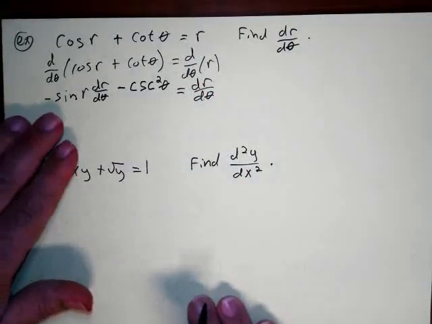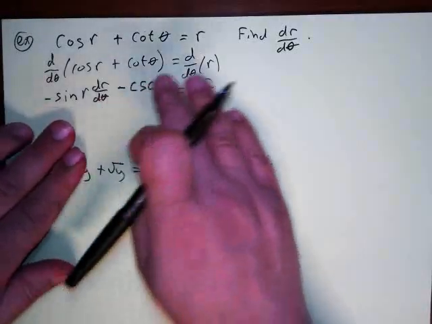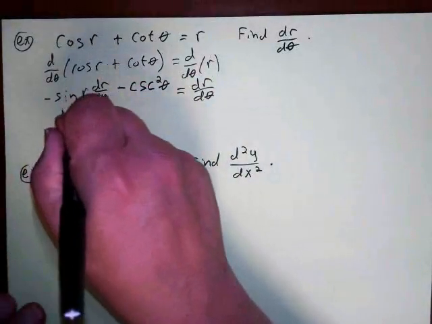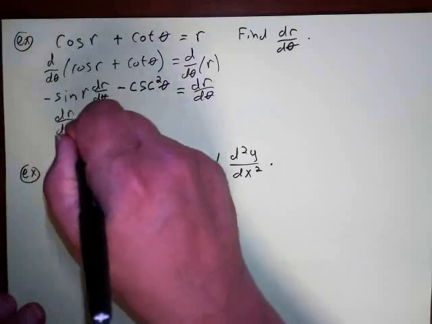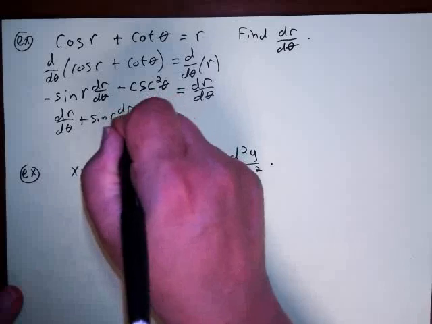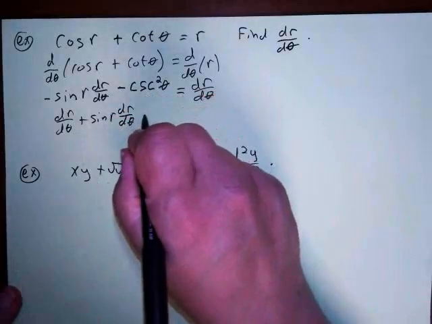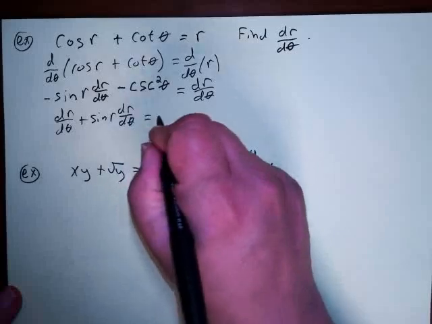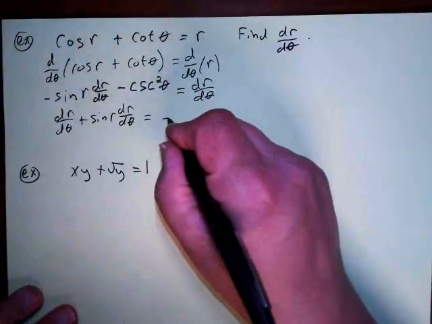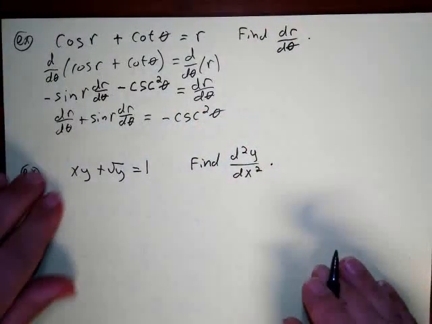And so now I want to get everything with the dr/dθ to one side, so I'm going to move the sine over here, the dr/dθ plus sine r dr/dθ, and this is equal to, so what I did is I moved this to the other side, but then I flipped the whole thing around, opposite of cosecant squared theta.